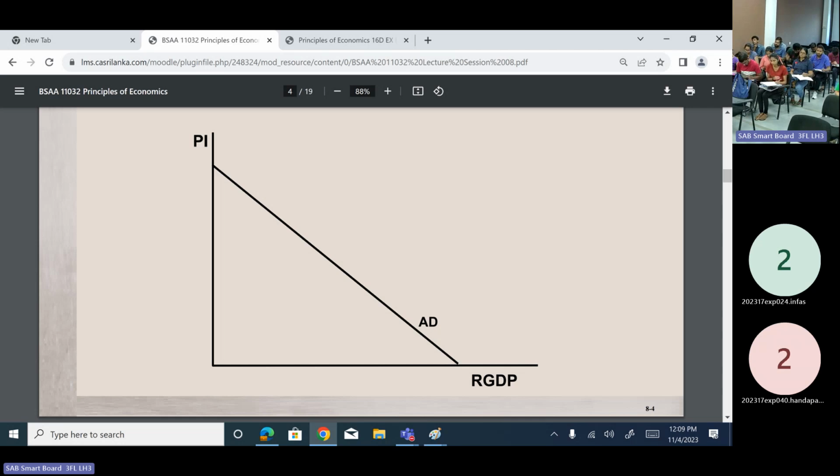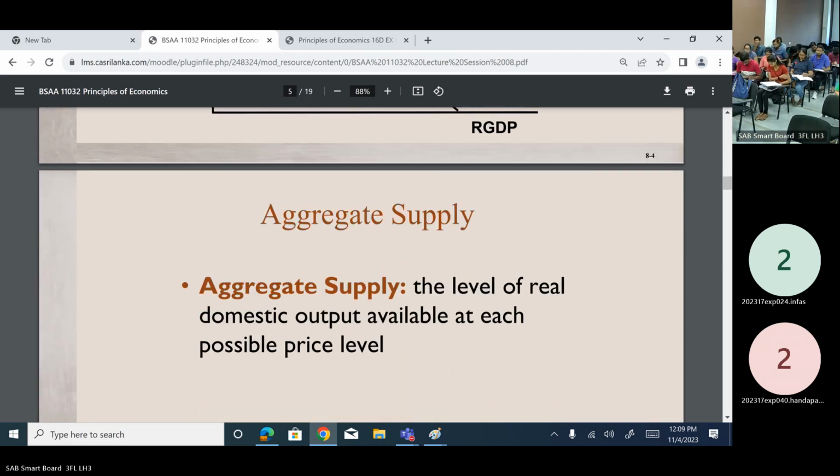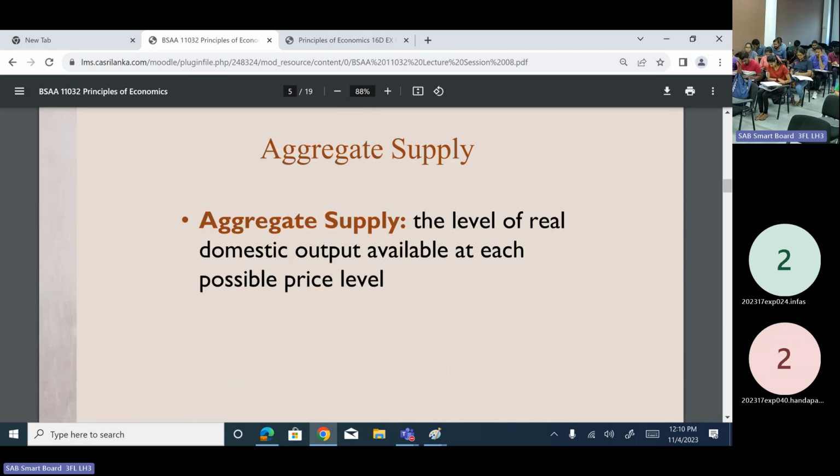Now, aggregate supply. The level of real domestic output available at each possible price level. That one is how much is demanded. This one is how much is available to sell in the entire economy at different price levels. Now this diagram is different.